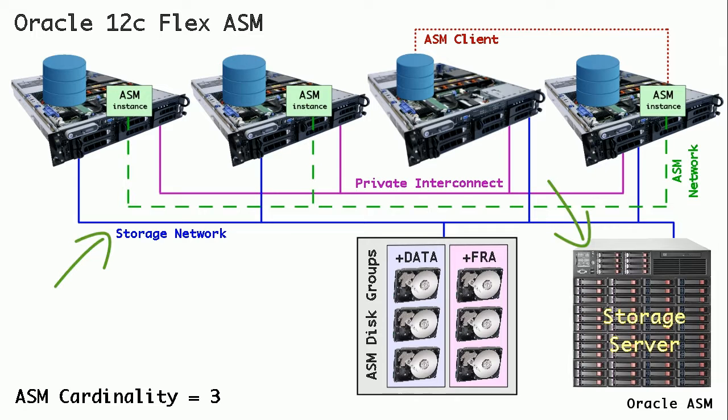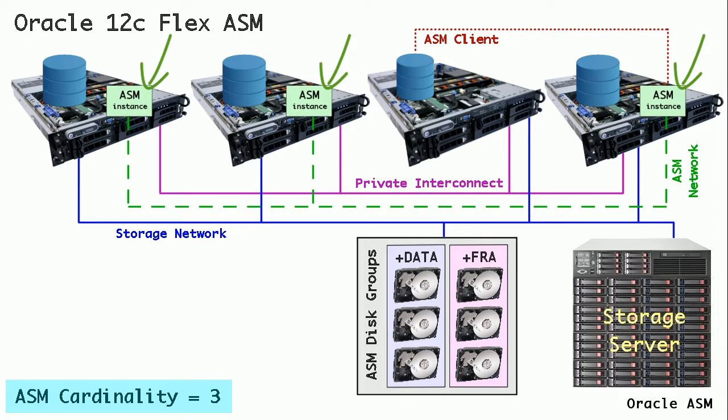Storage is provided by storage server over storage area network. By default, when Oracle Flex ASM cluster is configured, ASM cardinality is set to 3. That means 3 nodes in this cluster will run ASM instances. Other nodes without ASM instance will connect to a node with ASM instance as an ASM client.